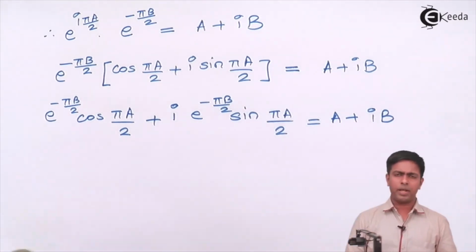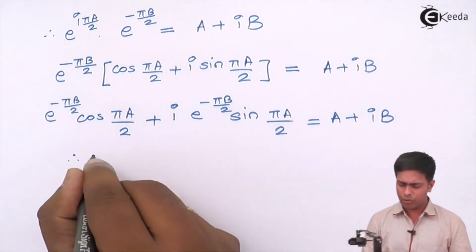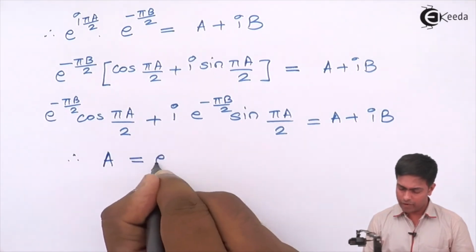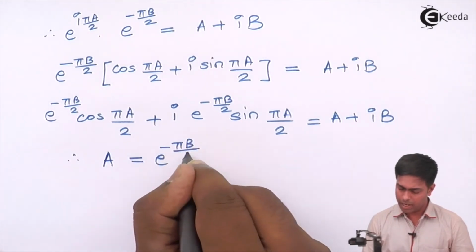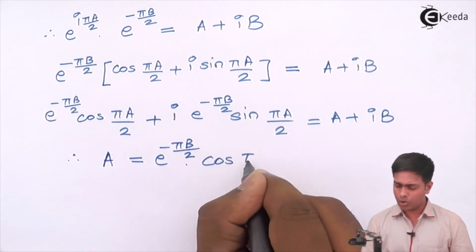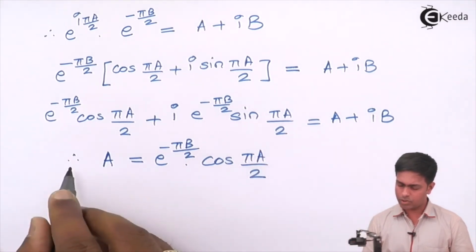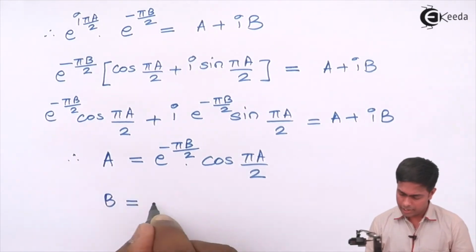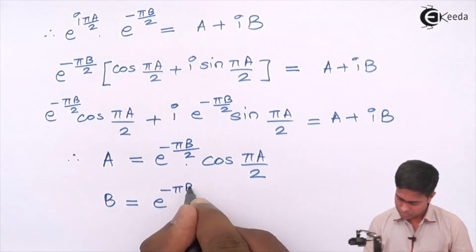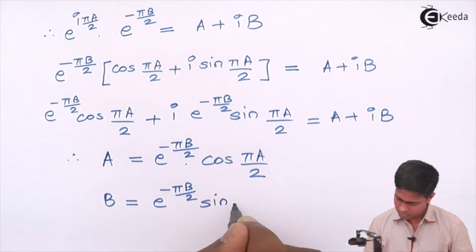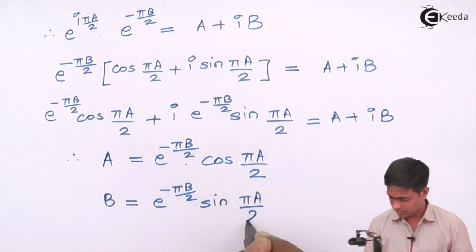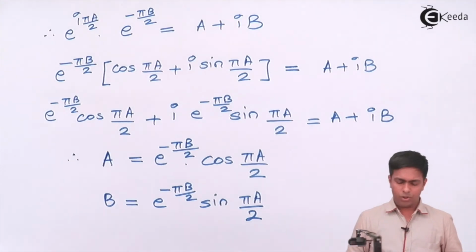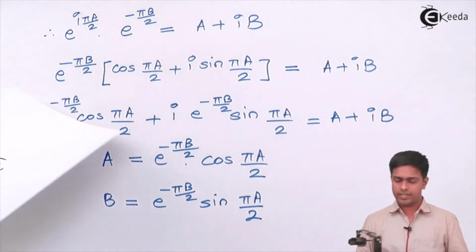So now we can compare real part with real part, and therefore by equating real and imaginary parts, we will get the value of a as e raised to minus pi b by 2 into cos of pi a by 2. So this is the real part, and for the imaginary part, b is equal to e raised to minus pi b by 2 into sin of pi a by 2. Now I got a and b, so we can move to the result.